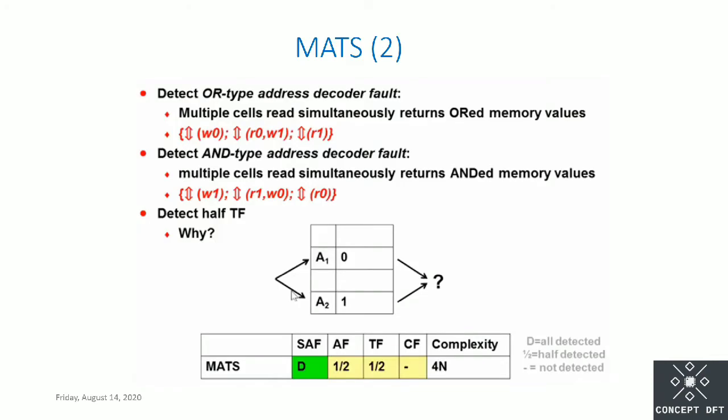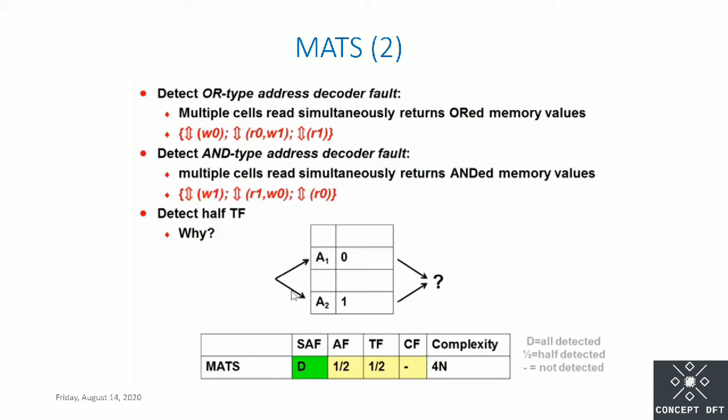MATS 2 algorithm. This algorithm will detect OR type address decoder fault as well as AND type address decoder fault. To detect OR type address decoder fault, the sequence is: write 0 in ascending or descending direction, then read 0 and write 1 in ascending or descending direction, and then read 1 in any direction.